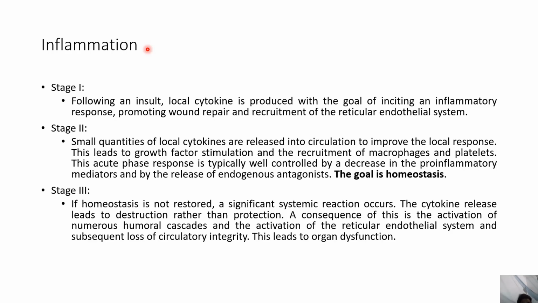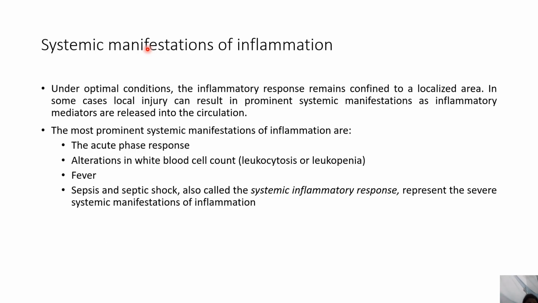A consequence of this is the activation of numerous humoral cascades. Cascades basically means a lot of sequential reactions, and the activation of the reticuloendothelial system and subsequent loss of circulatory integrity. So this will ultimately lead to organ dysfunction.